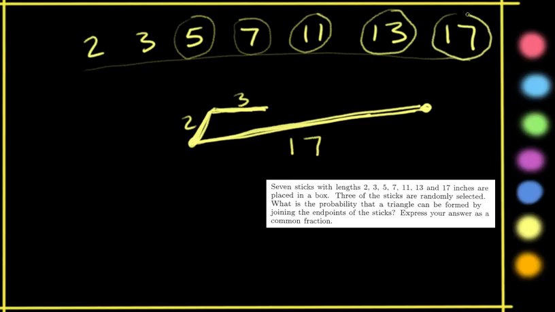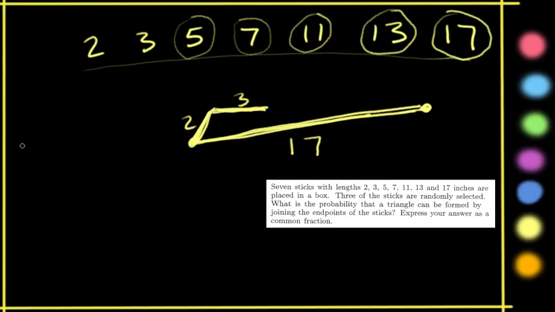Any one of these could be the largest of our 3 sticks. You can't have 3 or 2 be the largest because they're the 2 smallest ones. So let's just take each one of those cases separately and see how many times we can get a triangle where the 2 smaller numbers add up to at least as much as the largest.